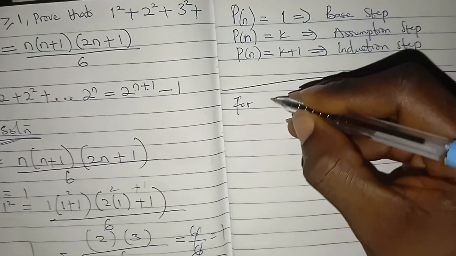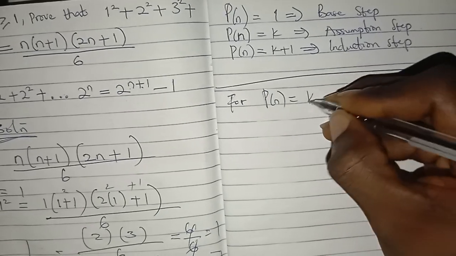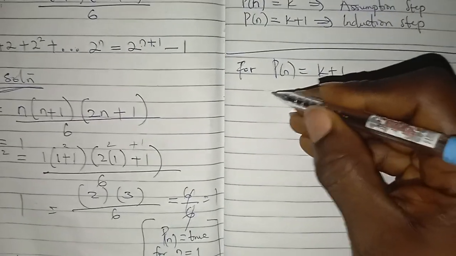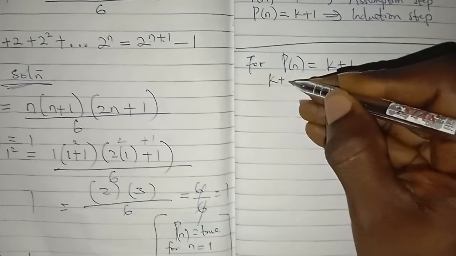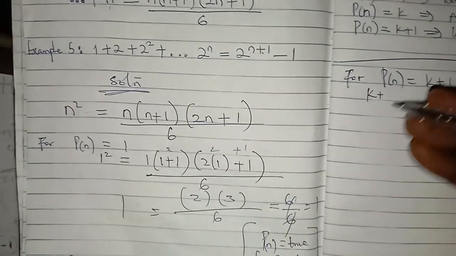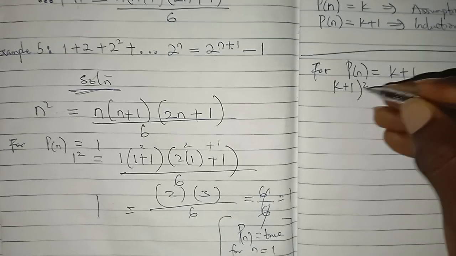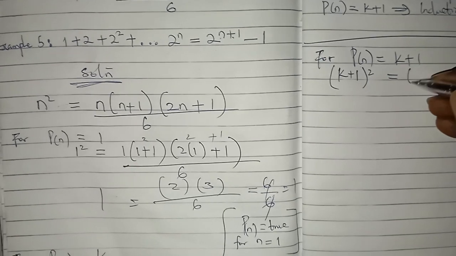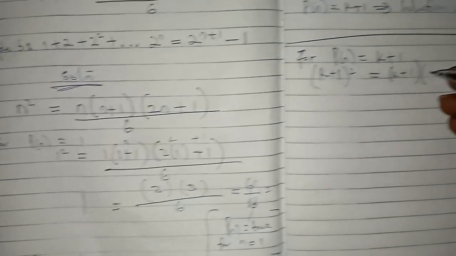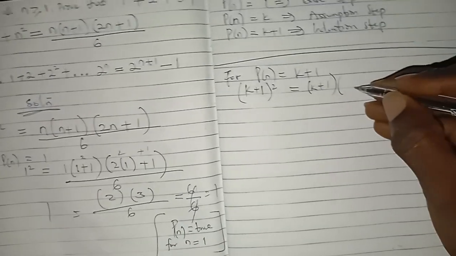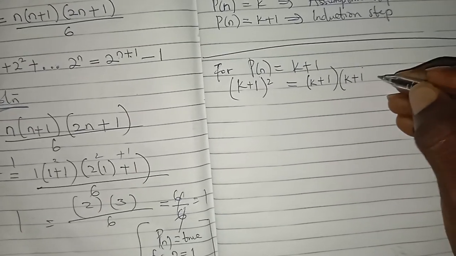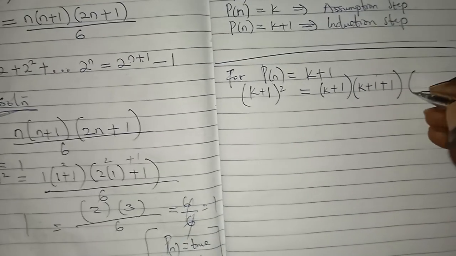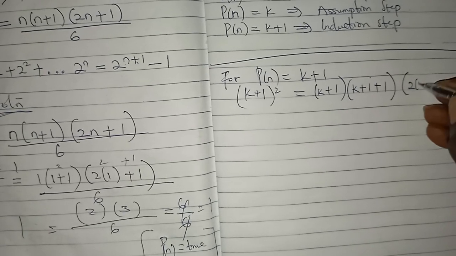So for P of n equals k plus 1, we simply do that part. We have k plus 1 squared equals, anywhere I see n, I put k plus 1: k plus 1 into k plus 1 plus 1 into 2 into k plus 1 plus 1 all over 6.